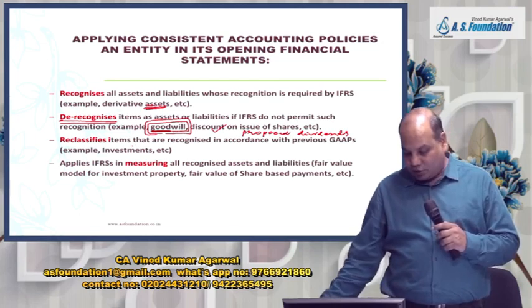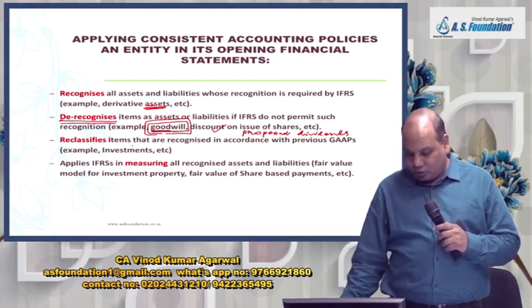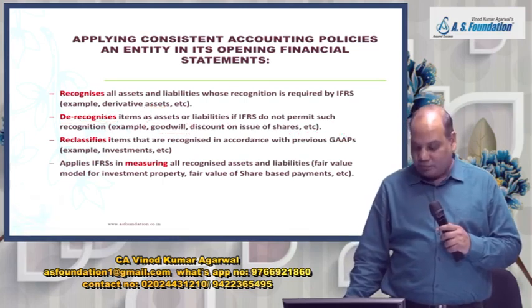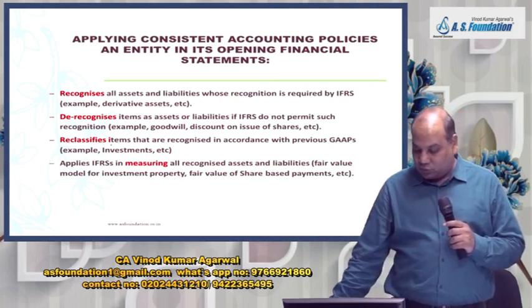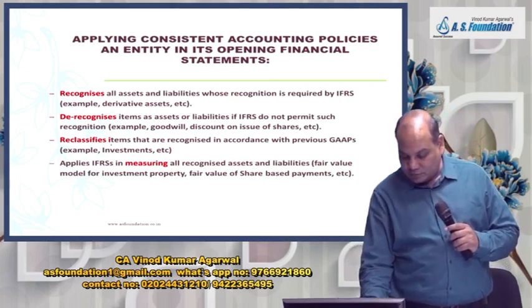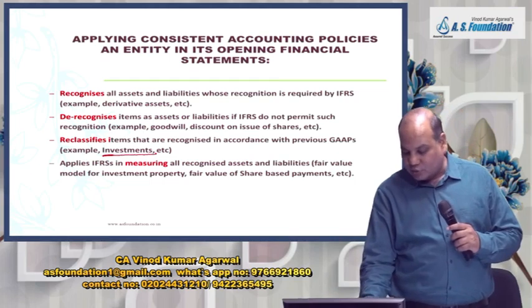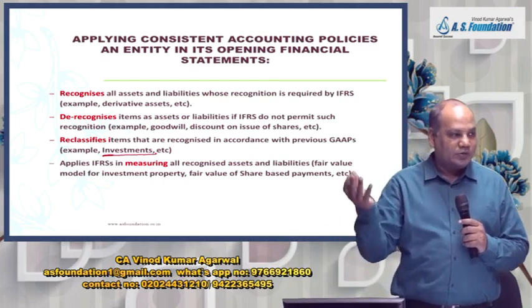Then reclassification. Again, the way items are classified in IFRS may be different from your previous GAAP. So we will have to reclassify. For example, under previous GAAP, you may be just writing one line, investment.